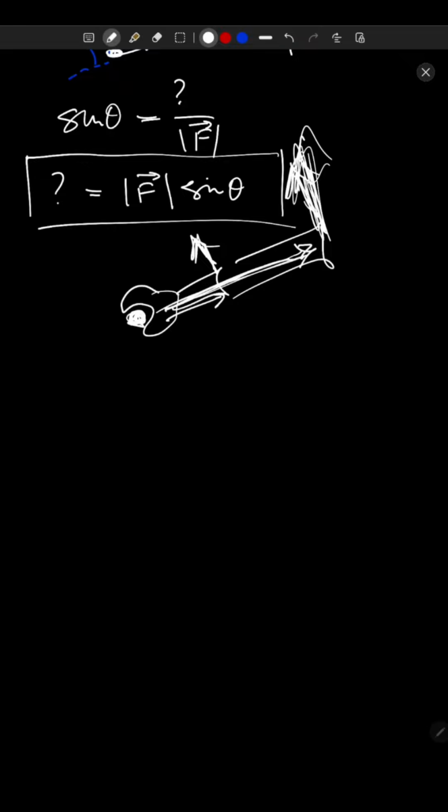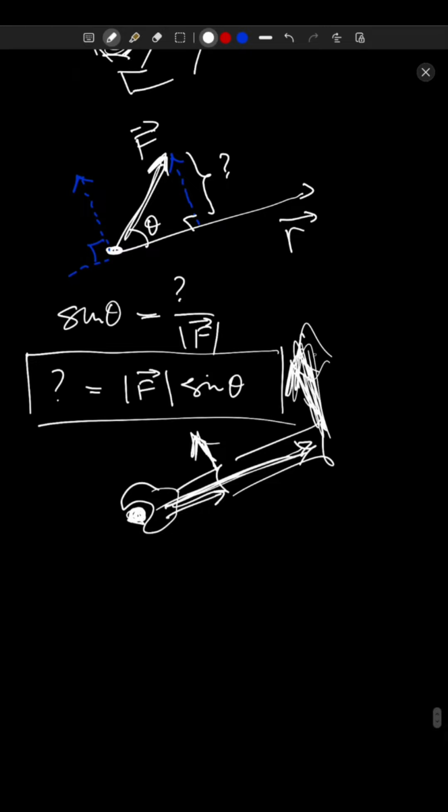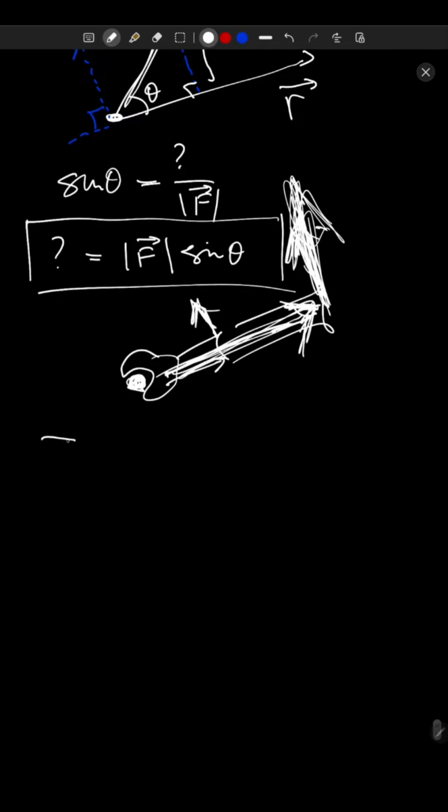And what is that? That's the actual force that matters, times the length of r here.